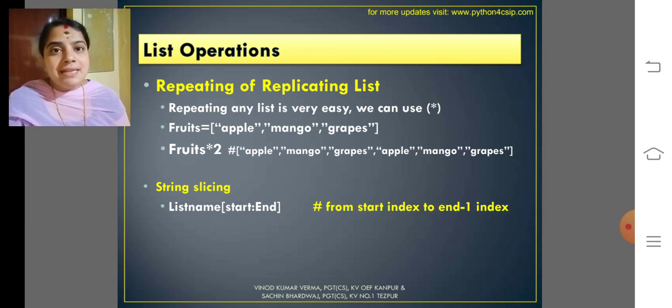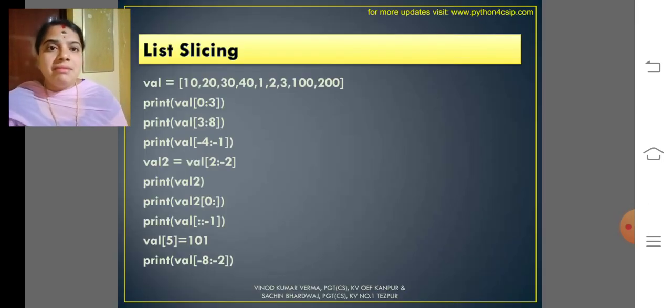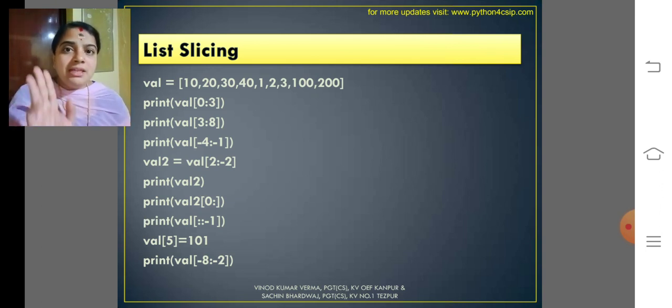Then we discussed list slicing: start and end. We also have the step value here. Some examples I am giving here. 0 to 3 means what? 0th index, first index and second index. 3 to 8 means what? 3, 4, 5, 6, 7 only.